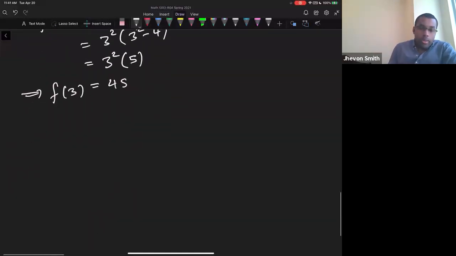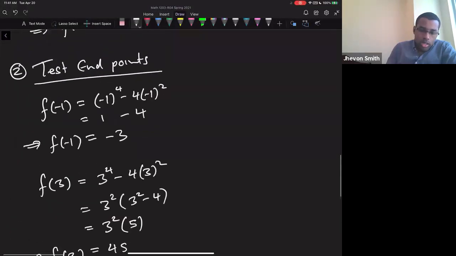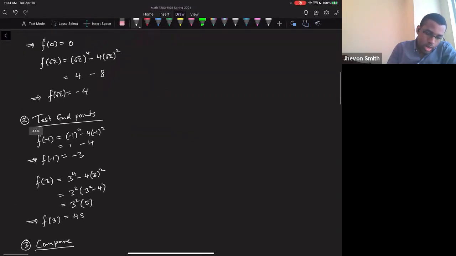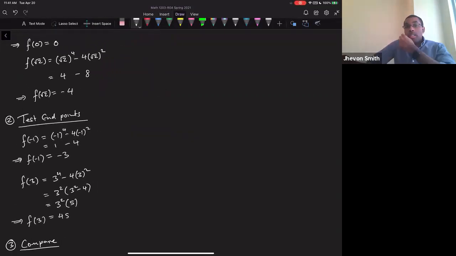Okay. And now finally, the third step is we compare. Out of all the y values that you found, which are these right here, f of 0, f of radical 2, f of -1, f of 3, you're going to pick the biggest and the smallest. So the smallest, it seems, is this one.